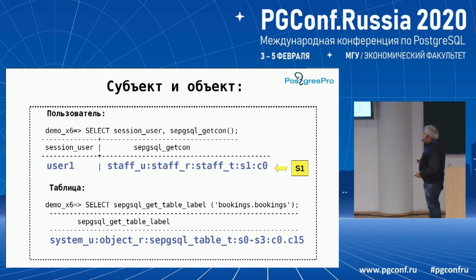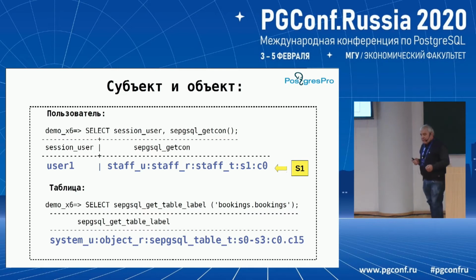We tested it. So the user is single. This is the row, this is the user, the type, and the label. Briefly, a row includes several types. Staff_r includes system_t and a couple more.